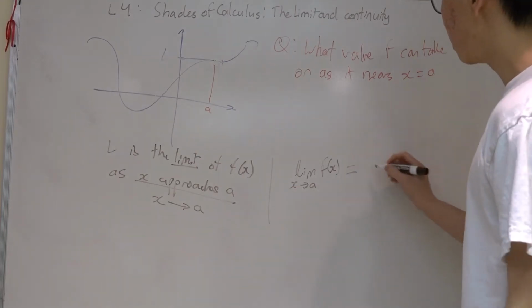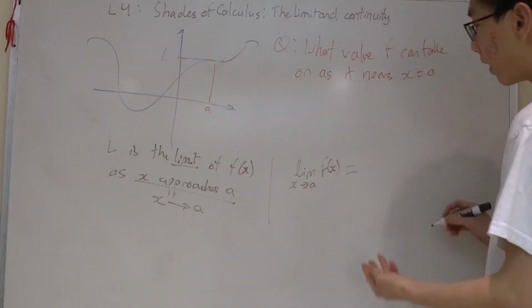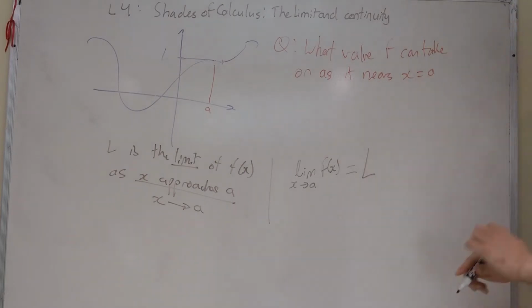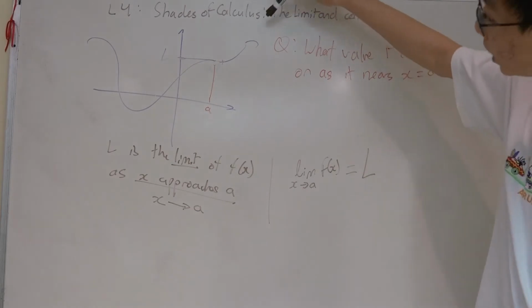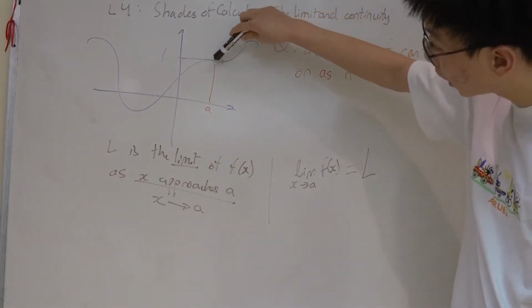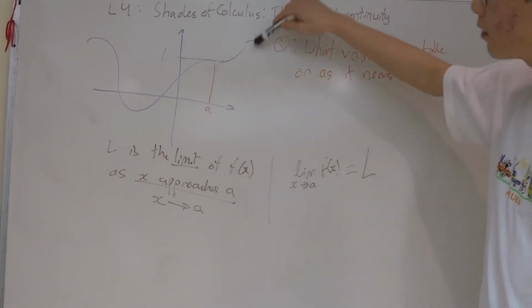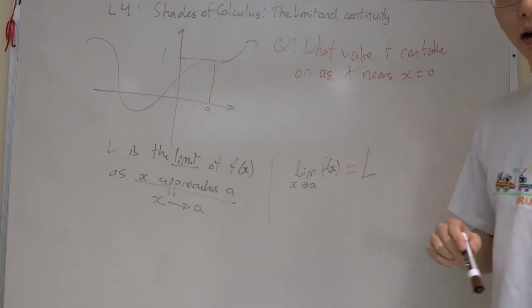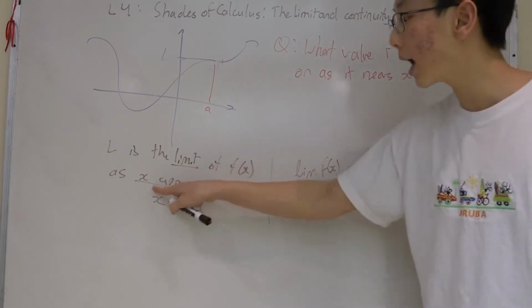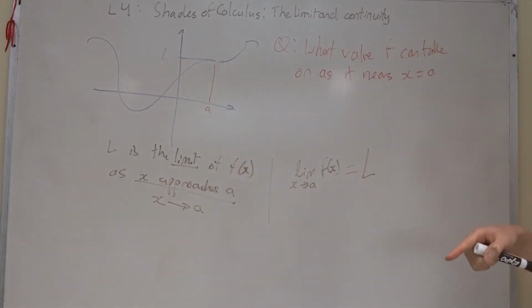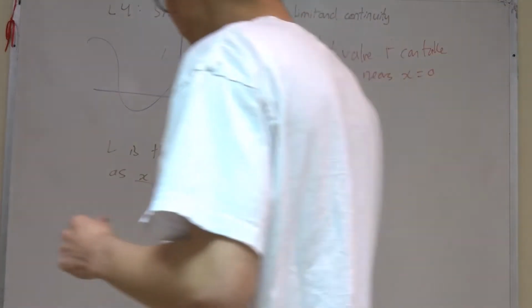This doesn't make any sense until we give it a value, so we'll give it the value L. Understand what this statement is saying: as x approaches a, it appears that the function is approaching a value, and that value is the value we call L, which we define to be the limit of the function as x approaches a.